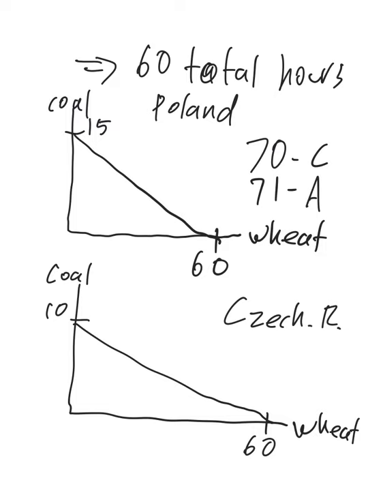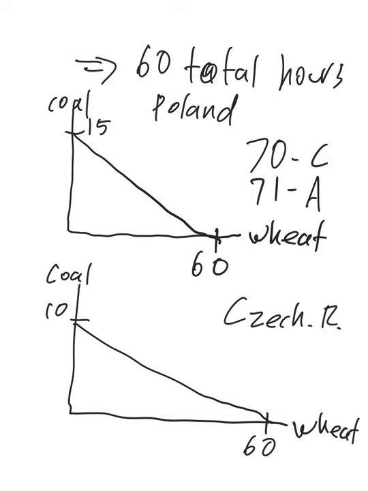Which country has the comparative advantage in the production of coal? Well, you can see that on the wheat axis, you're at 60 and 60, and we're asking about comparative advantage now. So since we're talking about comparative advantage, we're talking about slopes.